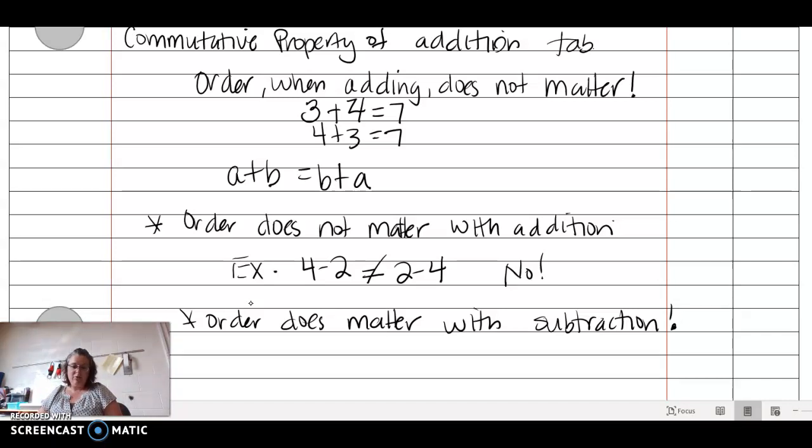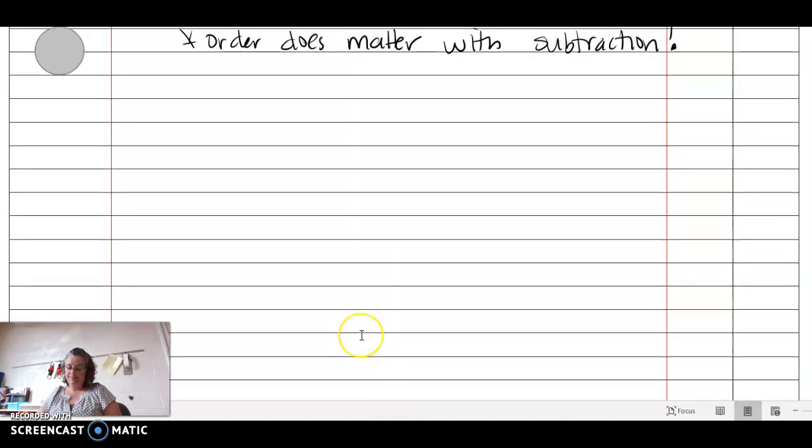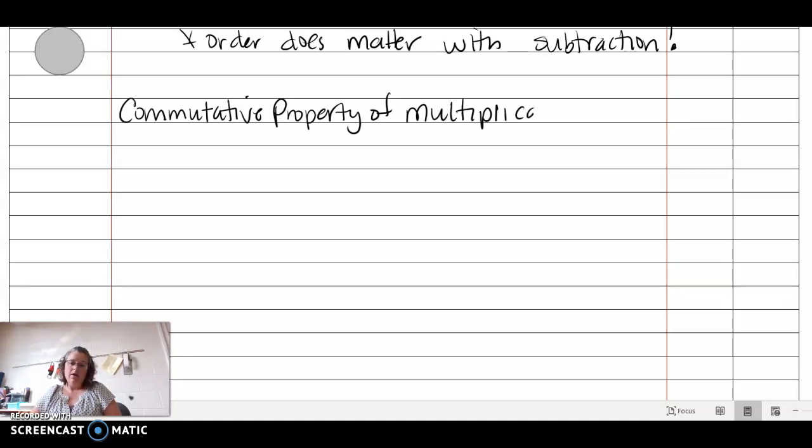Let's look at the commutative property of multiplication. And that goes in that tab.